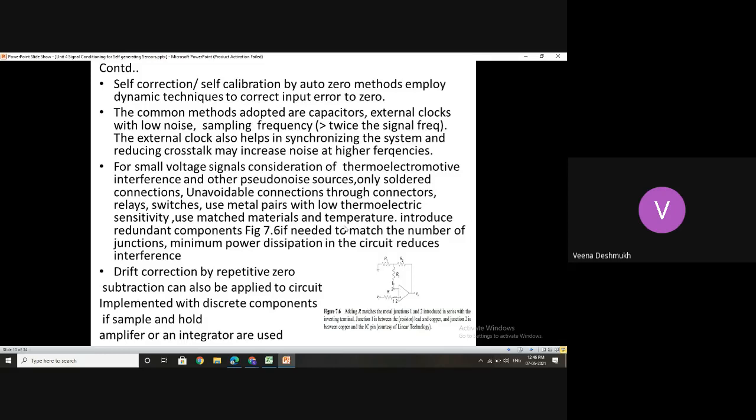So to avoid all these things, proper soldering of the resistors is always advised, not any other type of connection like through relays or switches. And also the metal contacts have to be maintained at the same temperatures.